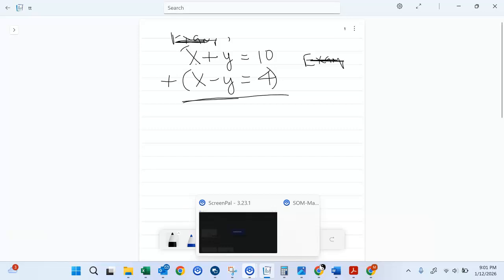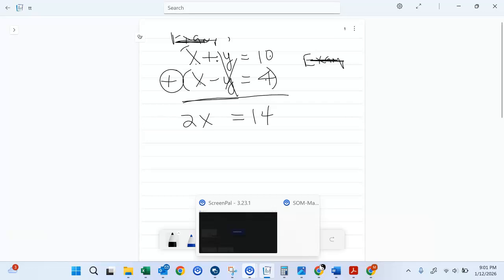So we have an x here and an x here. What do we get? We get 2x. But when we take a y and we add it to a negative y, it cancels out and we just get 2x. And then we're going to add this. Remember, we're doing plus. So 10 plus 4 is 14.